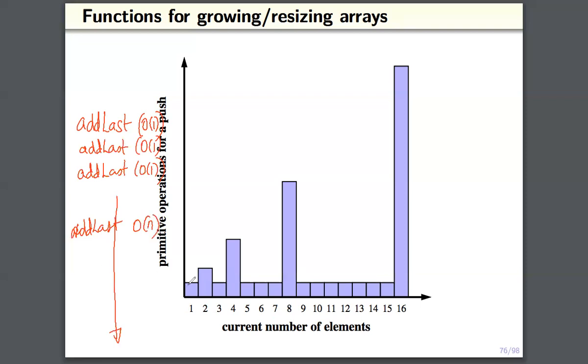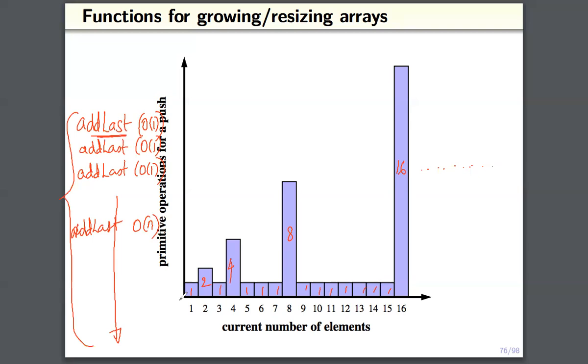So you can also think of this graph as the add last function, right? This took O of 1 time, 1 time, 1 time. This took 2 time, 4 time units, 8 time units, 16 time units, so on. Now you want to find what is the complexity of this add last.